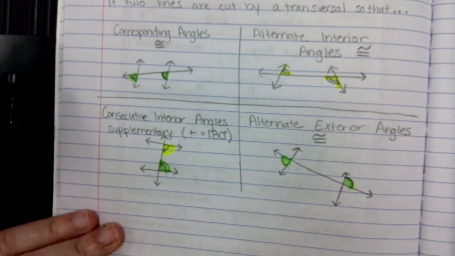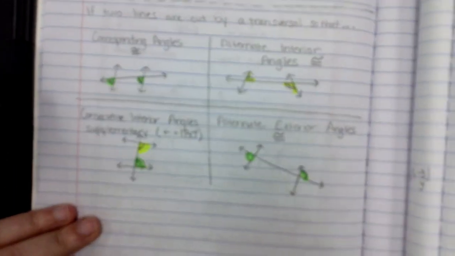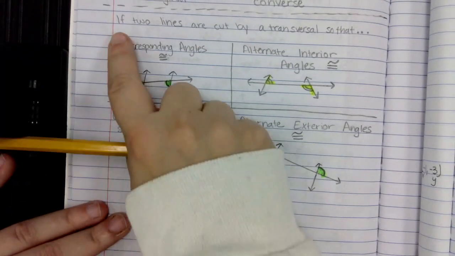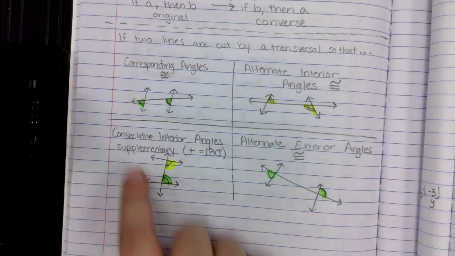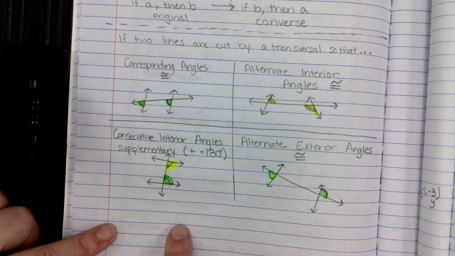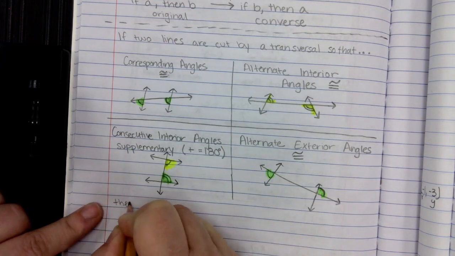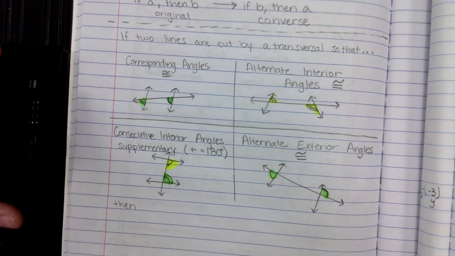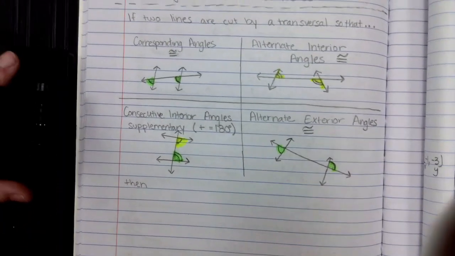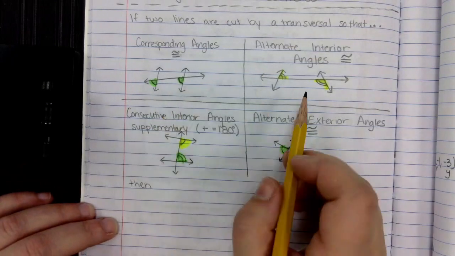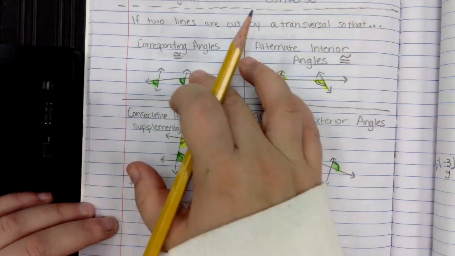Then the two lines end up being parallel. So that's our conclusion, our ending statement with that. And I'm going to just kind of draw a line across, showing that that is all kind of one big chunk.